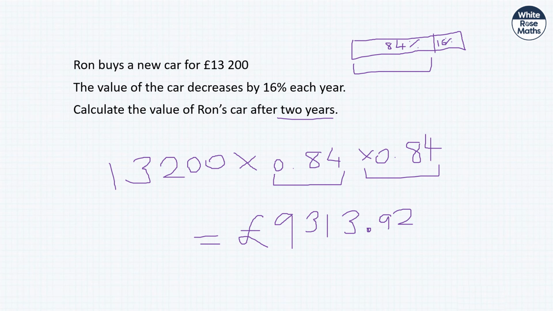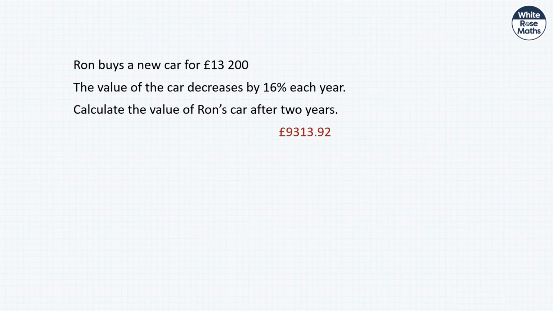It is going down by that each time, which means that is the amount remaining after the decrease. 84% as a decimal is 0.84, because it's 84 hundredths, dividing by 100 from a percentage to a decimal.